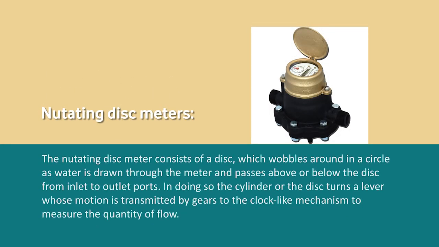The nutating disc meter consists of a disc which wobbles around in a circle as water is drawn through the meter and passes above or below the disc from the inlet to outlet ports. In doing so, the cylinder or the disc turns a lever whose motion is transmitted by gears to the clock-like mechanism to measure the quantity of the flow.